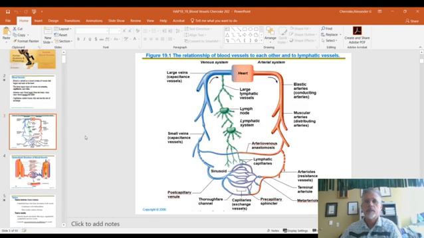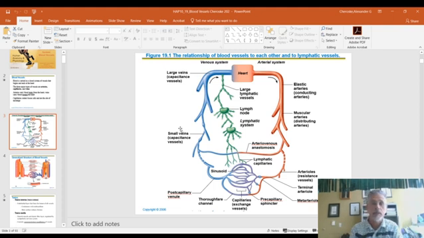So on this slide, it just gives us a basic layout of the different types of blood vessels that you could choose from. Like we said, oftentimes you only have to name like 5 or something like that if it's a 5-point question, and there are going to be more. So for instance, there are subcategories that you could use as your examples.